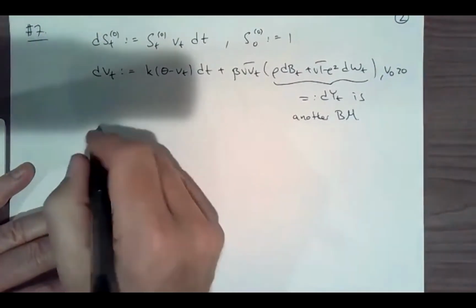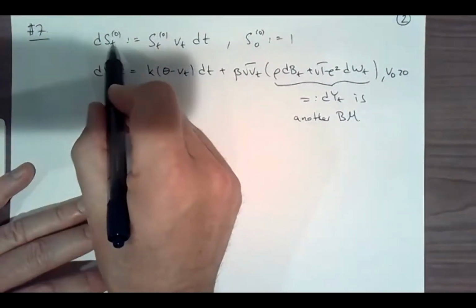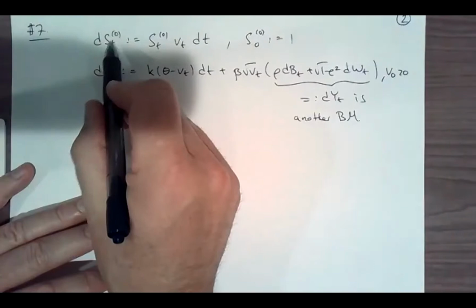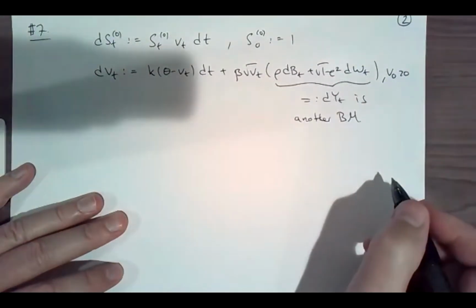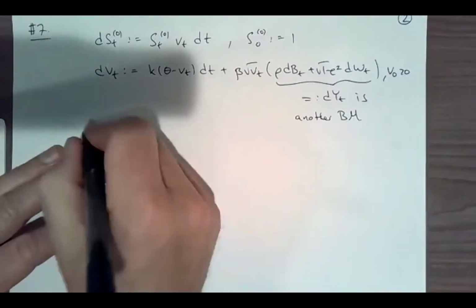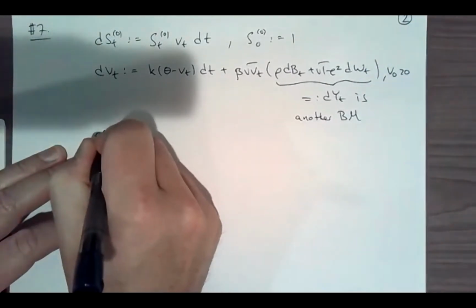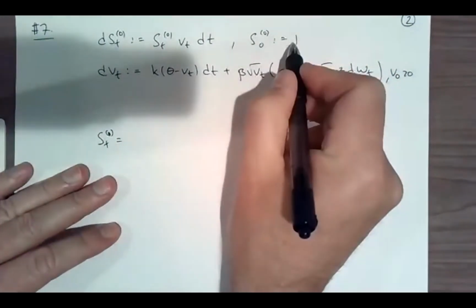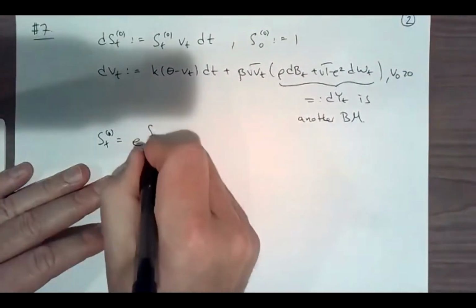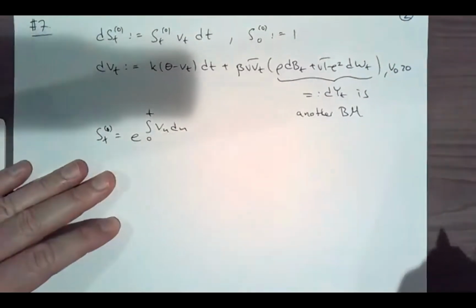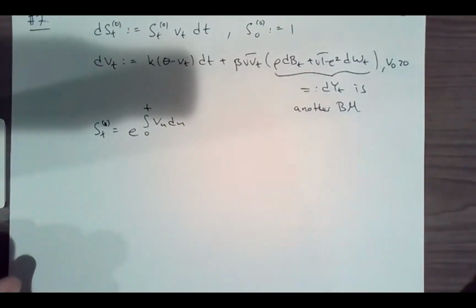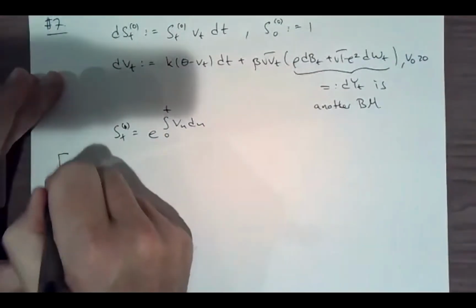And if we have an ODE of the form f prime equals f times something, I'm hoping at this point we're comfortable saying that S_t^0 is equal to the initial value times an exponential of the integral of V_u du. Right, you can just check this.